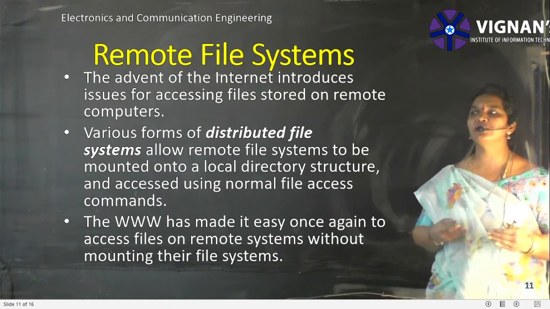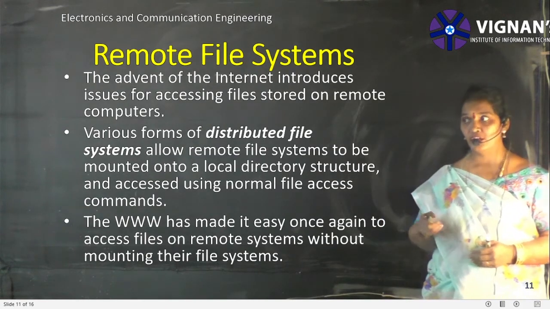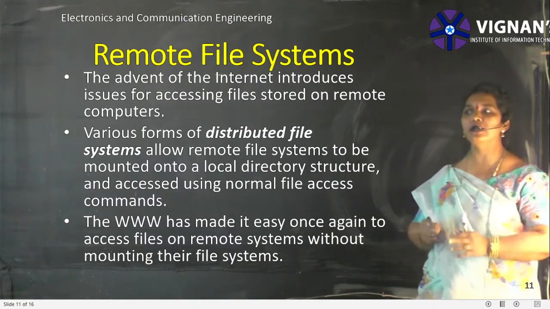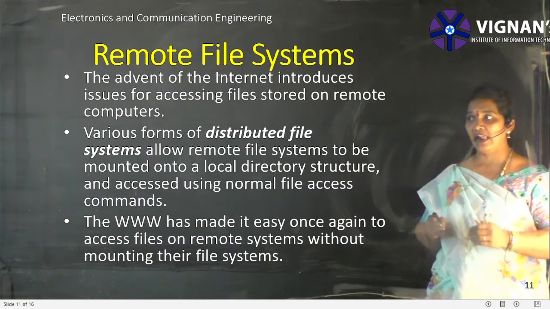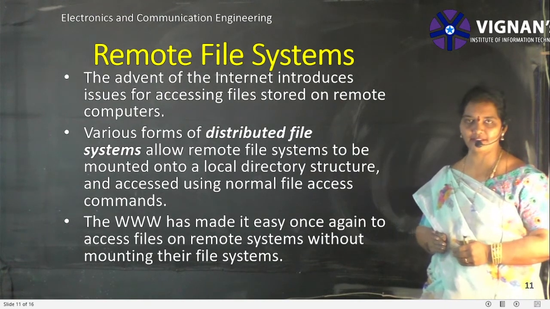Various forms of distributed file systems allow remote file systems to be mounted onto a local directory structure and accessed using normal file access commands.